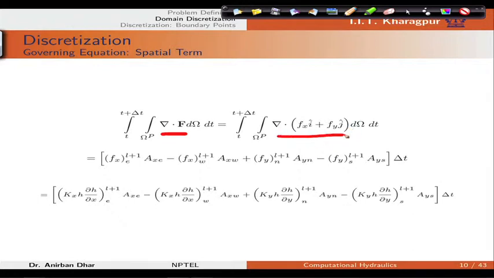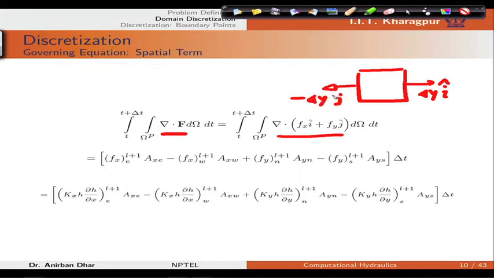As we have discussed, area is always outward positive. If area is outward positive, then this is minus del y I, this is del x j, obviously negative sign will be there.